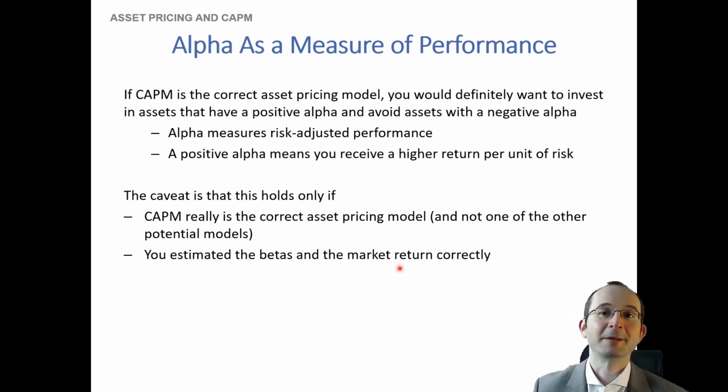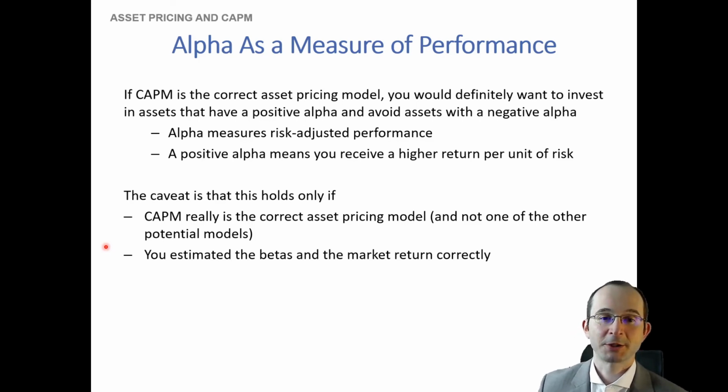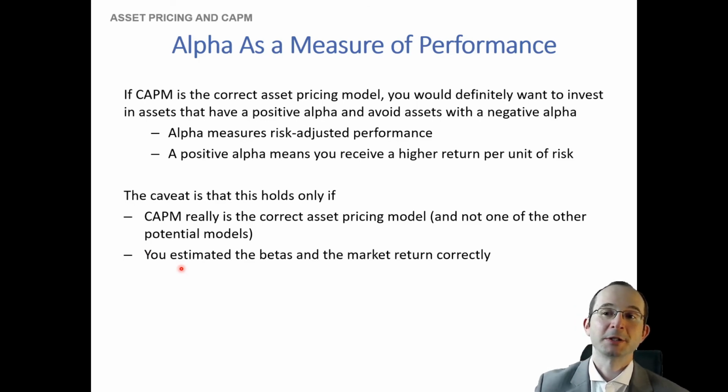And therefore, even if you're using the right model, you might just not be giving it the right inputs in order to get the right alpha. So there's two important caveats to keep in mind when actually evaluating alpha as a measure of performance: whether the risk model is actually right, and whether the inputs to the model are actually estimated correctly.